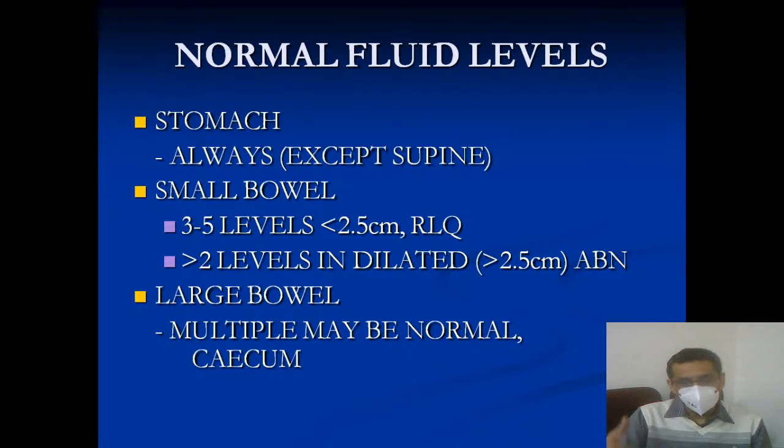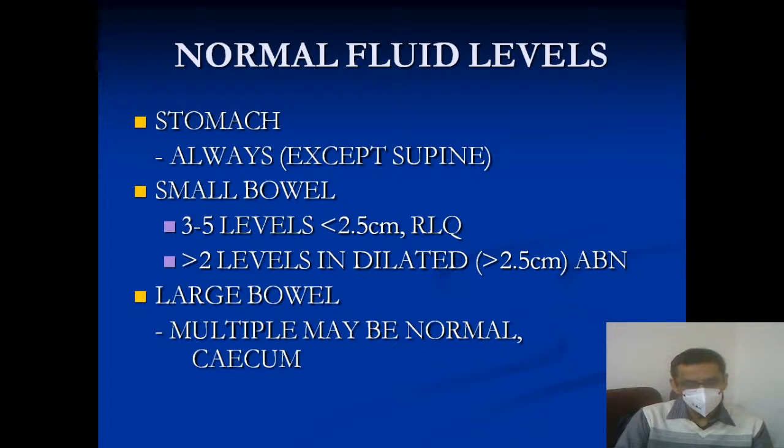Only when a gas is present adjacent to that fluid will it have a soft tissue level. If the fluid completely fills a viscus, it will not have a level. Let's say fluid in the urinary bladder. When the urinary bladder distends, the whole bladder is occupied by fluid. It will not have a horizontal level even if you make the patient stand erect.